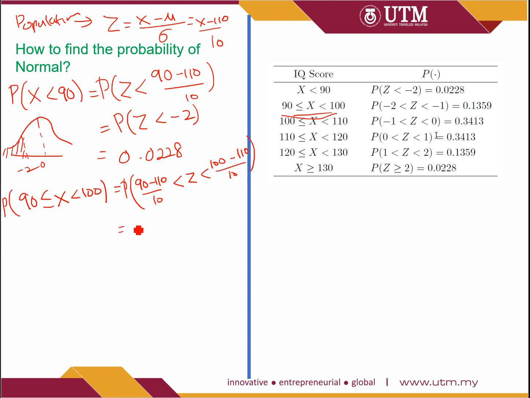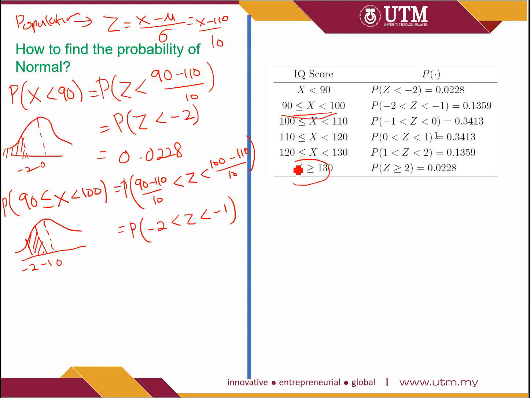Then you would have P(-2 less than Z less than -1). When you draw the graph, 0 is at the center, so the graph would be around here. So this is one example.